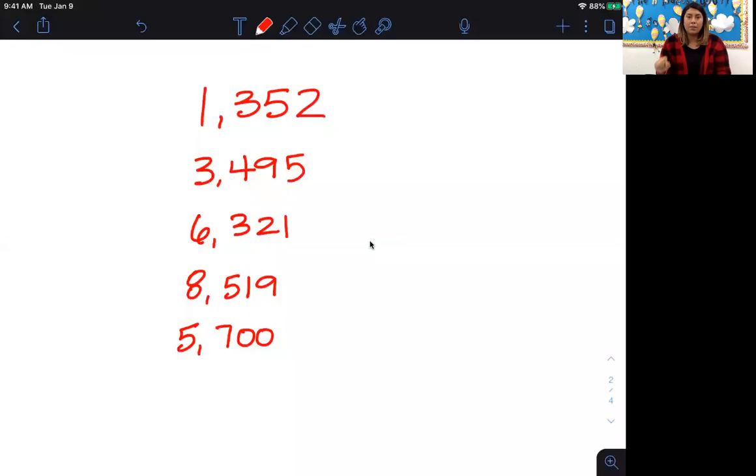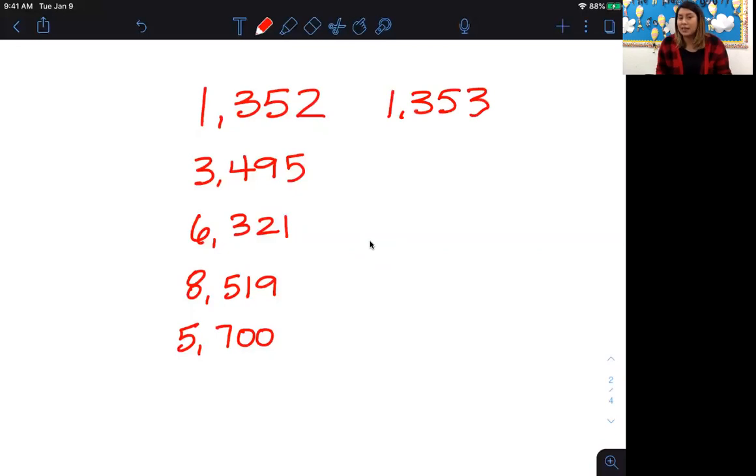All right, we're going to look at the number 1,352. Now, if we're counting up, counting on, what would be the next number? 1,35... what comes after 2? Well, it's 3. So I want you to know, you don't have to worry or stress out because it's such a big number.